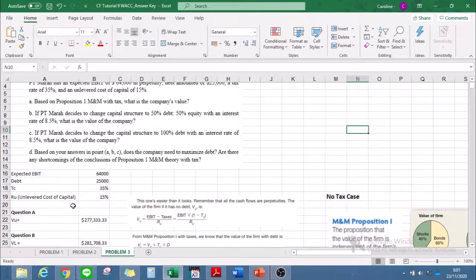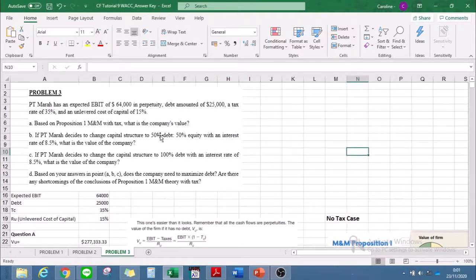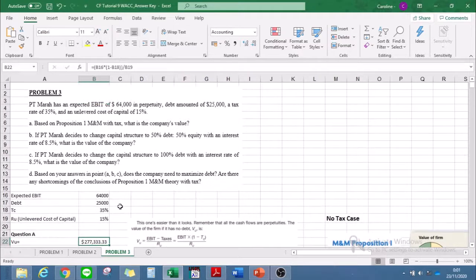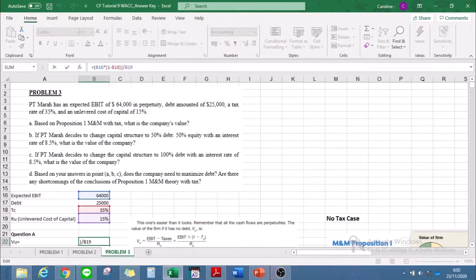Okay, so the first one, what is the company's value if we are using 100% equity? Since the EBIT is assumed to be in perpetuity, we just need to use the formula like this.